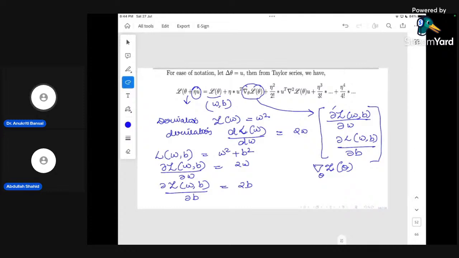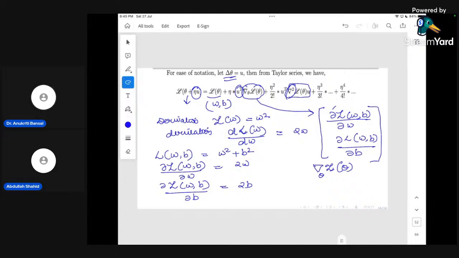And what is this u? u is nothing but this delta theta. Now, what is this value? This is my gradient of gradient.